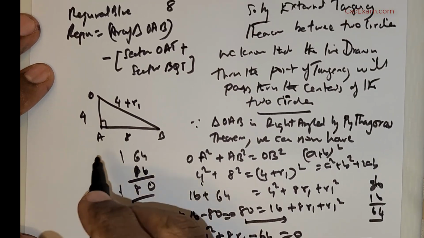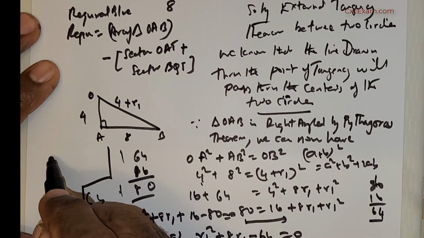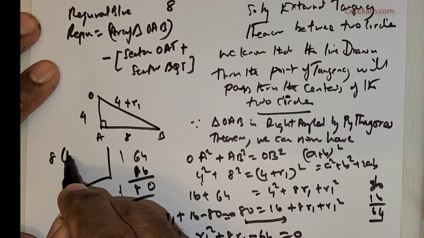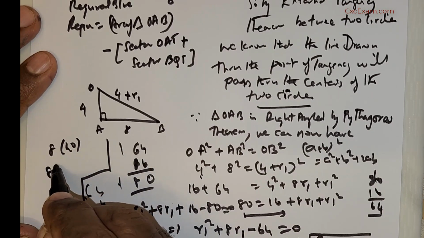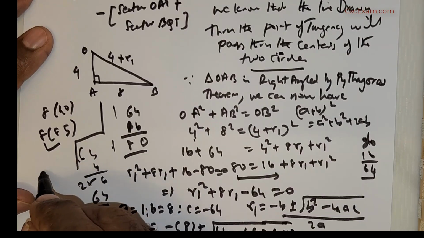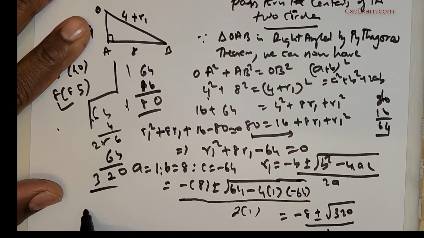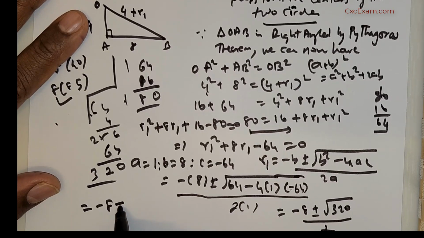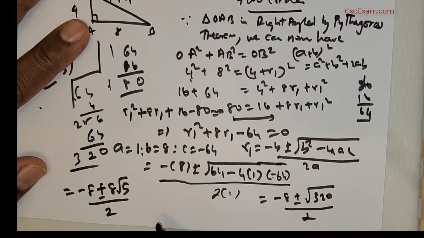Now let us factorize 320. It is 8 times 40, and then 8 times 5. So you have 8 root 5. So it's going to be negative 8 plus or minus 8 root of 5, divided by 2.